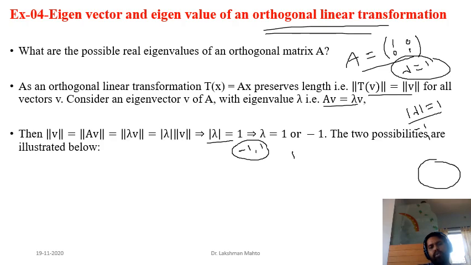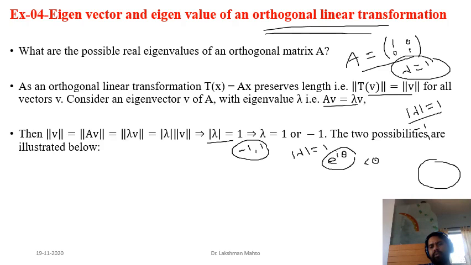Otherwise, if you are willing to take complex eigenvalues, there are infinitely many complex eigenvalues whose modulus would be 1. What are those complex eigenvalues? You can simply denote them by e to the power i theta. All these are complex numbers, and if you try to find the modulus of this, it would be 1. Here theta varies from 0 to 2 pi.